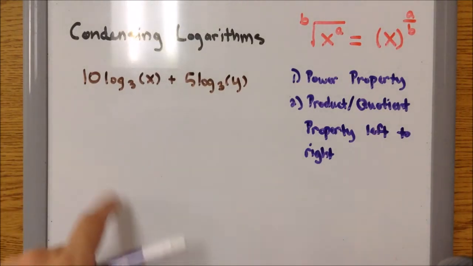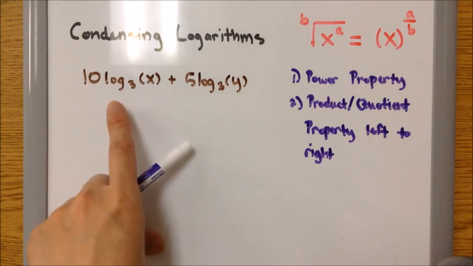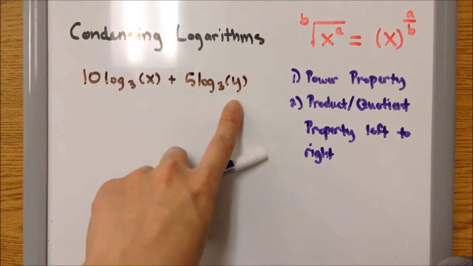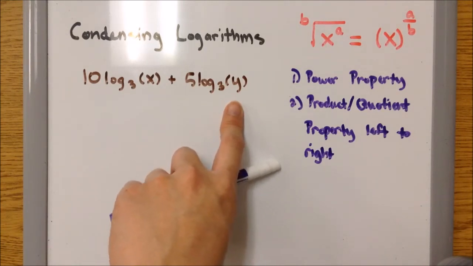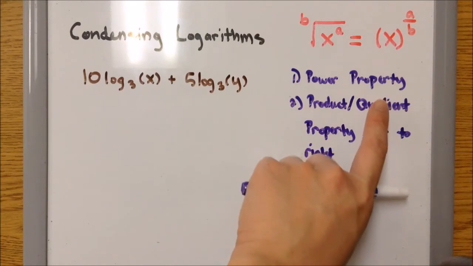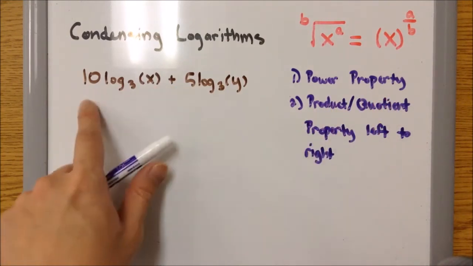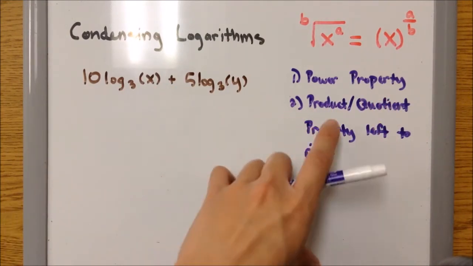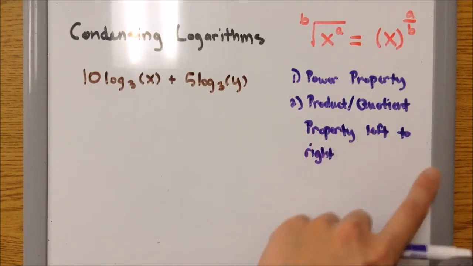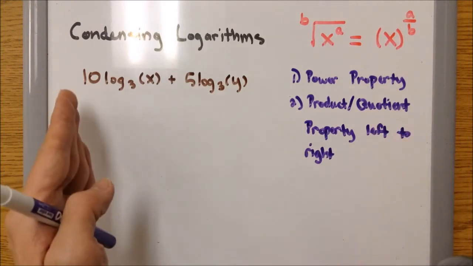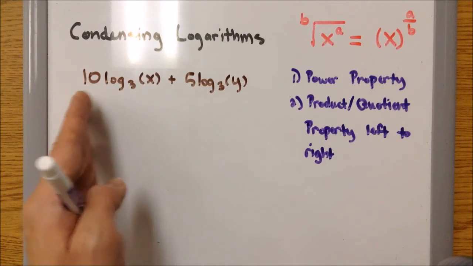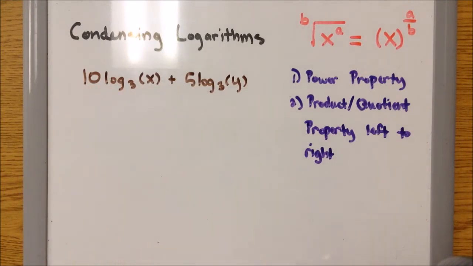So our first example is 10 log base 3 of x plus 5 log base 3 of y. Now, we always, for condensing, check for power property first, meaning if there's a number in front of log, and then after that, do the product or quotient property from left to right. So whichever comes first when you start from the left side, as you progress to the right, product or quotient.